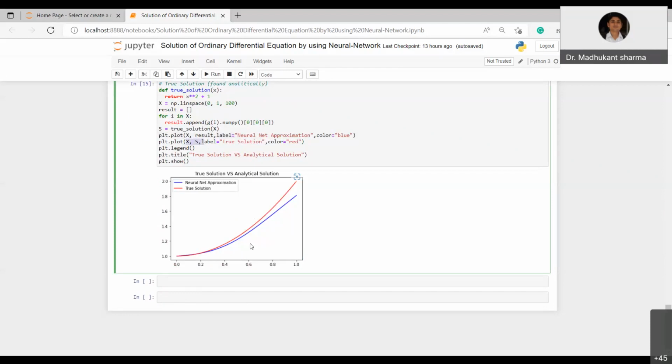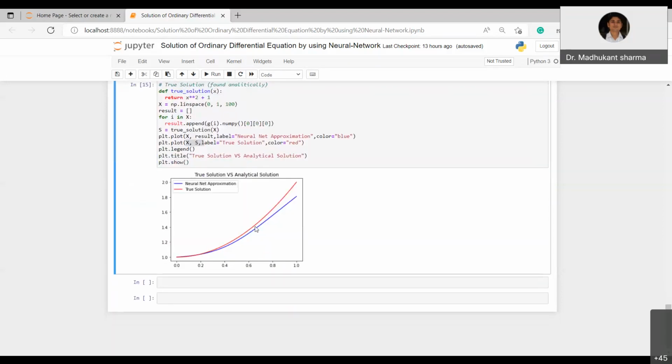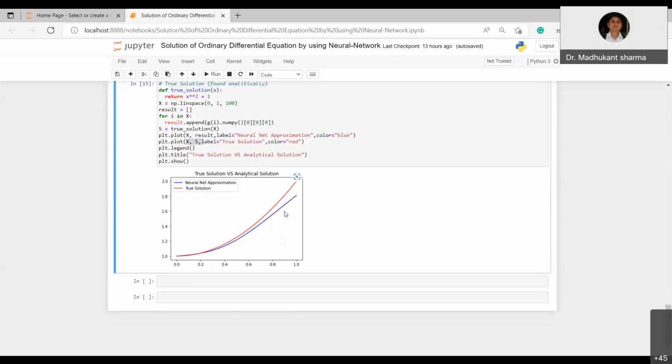Let's see the true solution, the orange curve. The orange curve goes this way. This is our actual analytical solution. Our approximate solution is the blue curve, which goes this way. Comparing both results from 0.0 to 0.4, the solution is similar to the analytical solution.